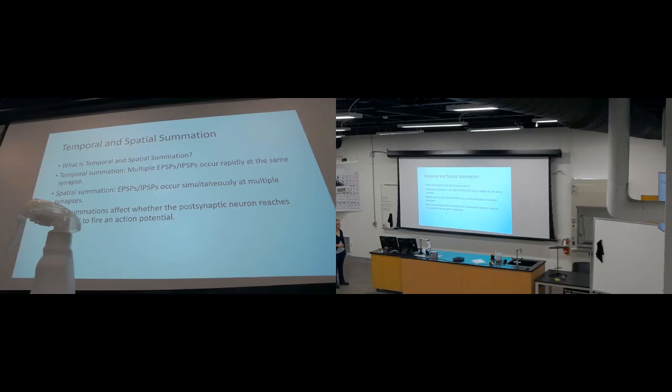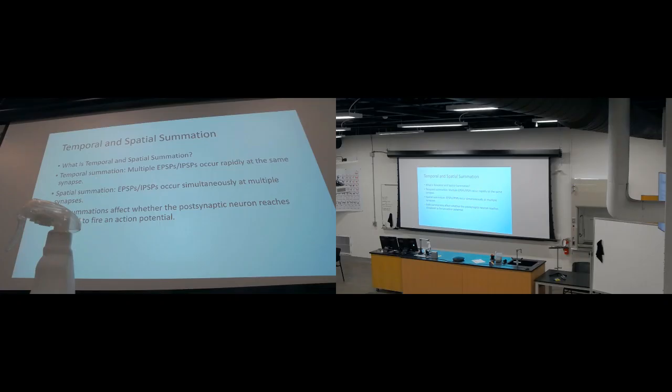And then spatial, simultaneously in, let's say, 1 second, you receive signal from multiple synapses, and they are excitatory and inhibitory, so you add all these signals. This is a spatial summation.